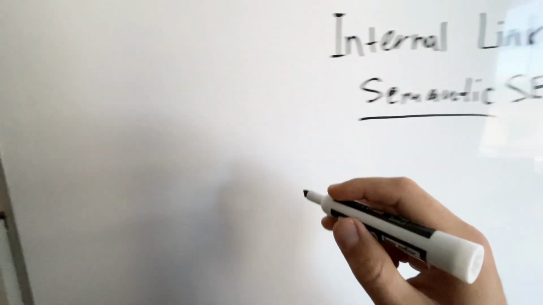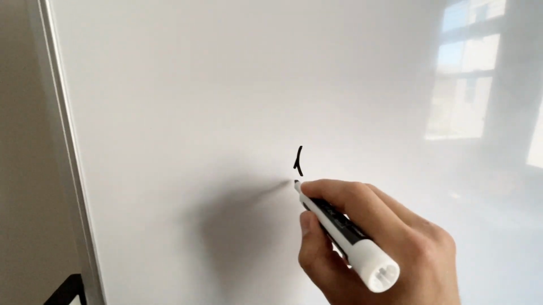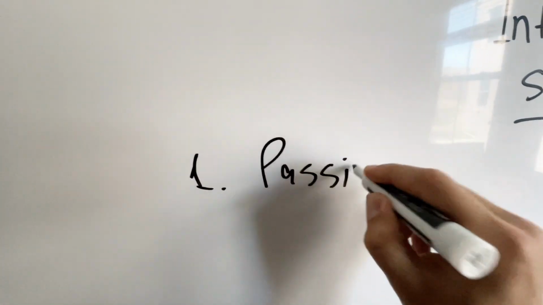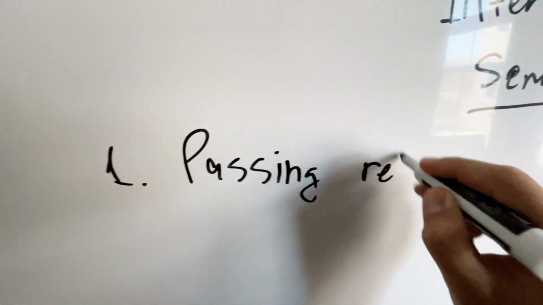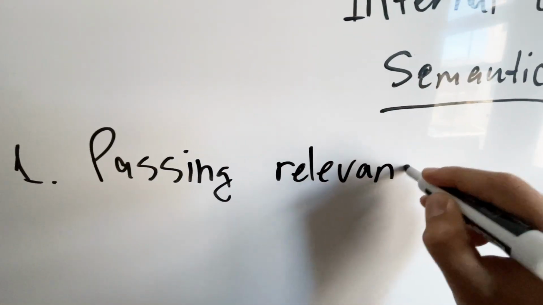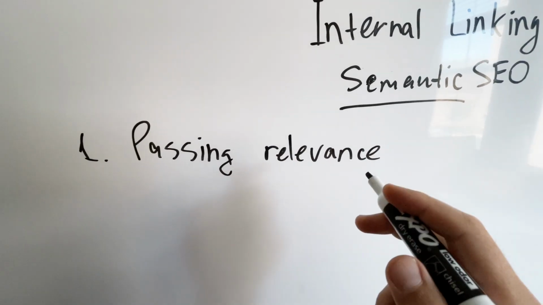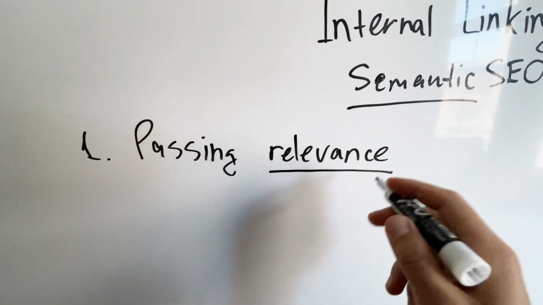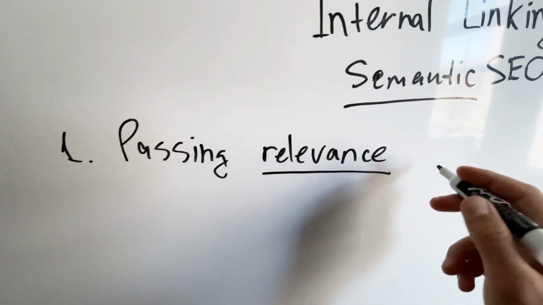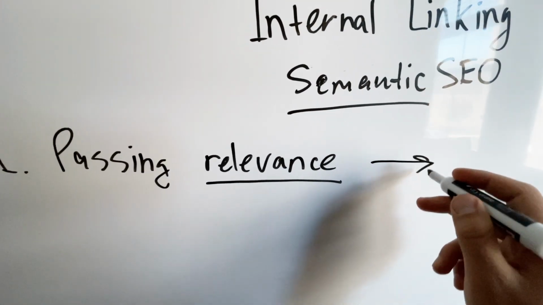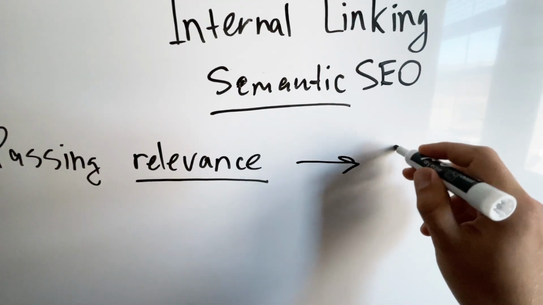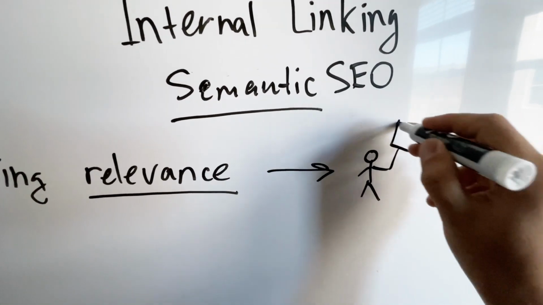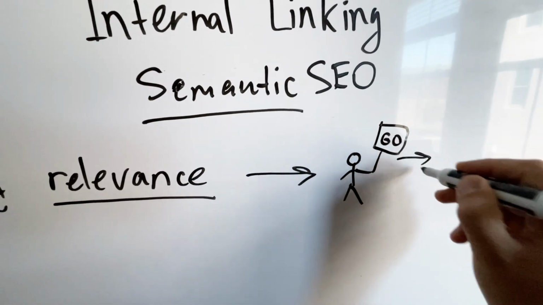So the main principle here is that internal linking is about passing relevance. Because if you think about relevance, it's a complicated concept, and I'm not going to go deep into that, but you have to understand that passing relevance is about holding a sign or holding a banner like go here, right?